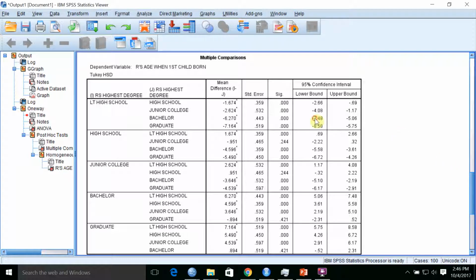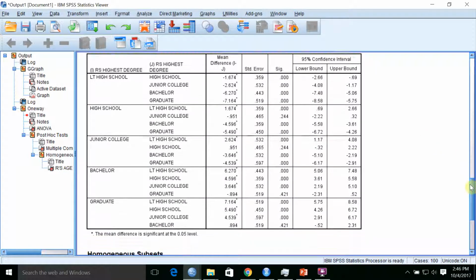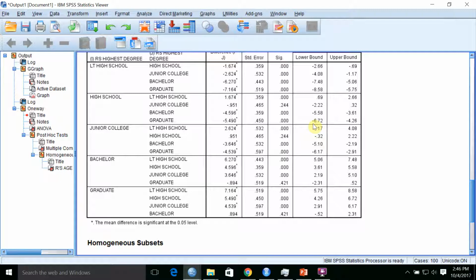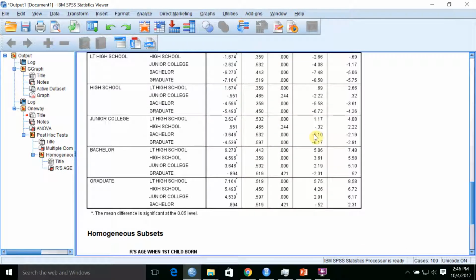Junior college is the exact same as the high school: significantly different than less than high school, not significantly different relative to high school, and significantly different relative to bachelor and graduate. Finally, the only thing that we haven't looked at is the relationship of bachelors to people with graduate degrees.